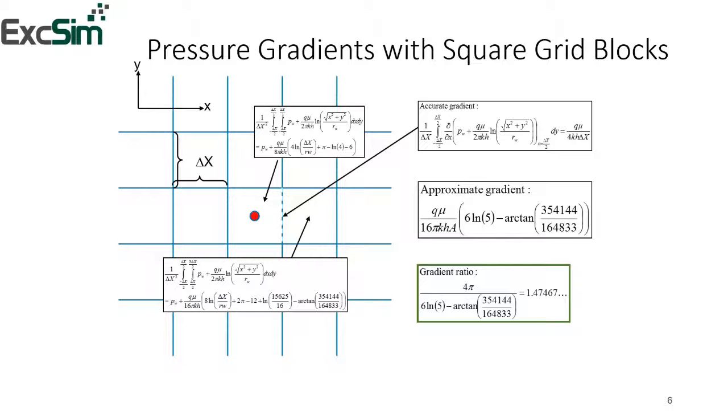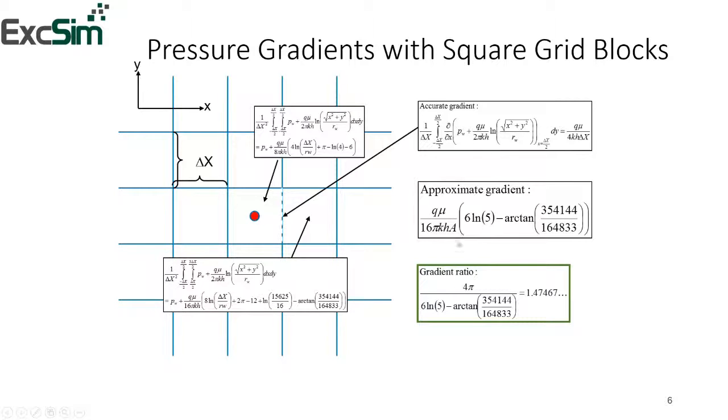So since I have the average pressure there and the average pressure there, I can calculate the approximate gradient that a simulator would do if the pressures were correct. And that's shown here. This is the approximate gradient. That is the accurate, the analytically calculated average.